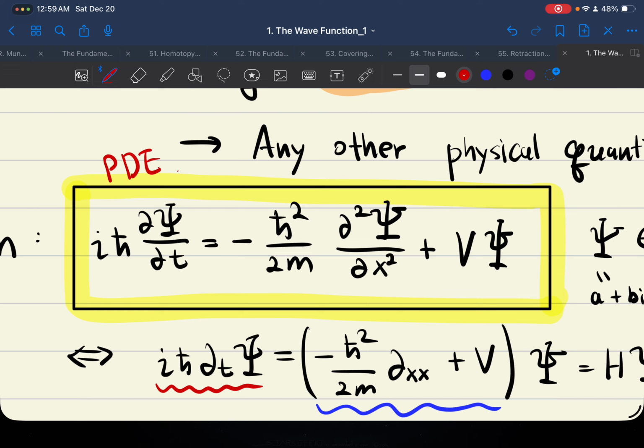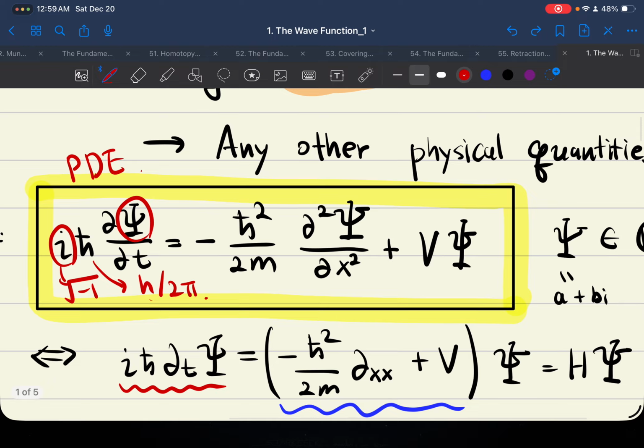So i is the square root of minus 1. h bar is the Planck constant divided by 2 pi. And here psi, the wave function, is partially differentiated by t. And then here, h bar squared over 2m, the second partial derivative with respect to x of this psi, plus the potential V times psi.